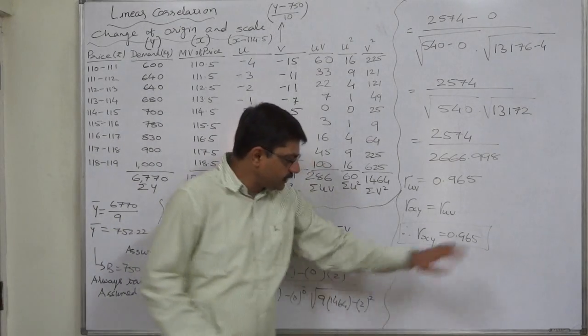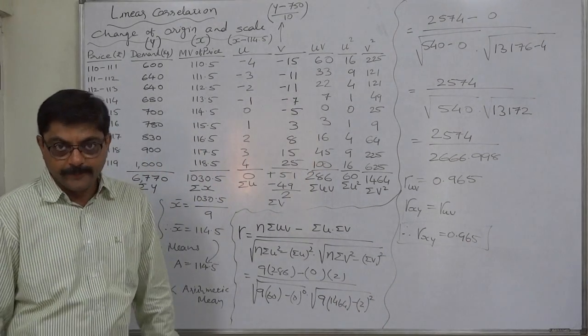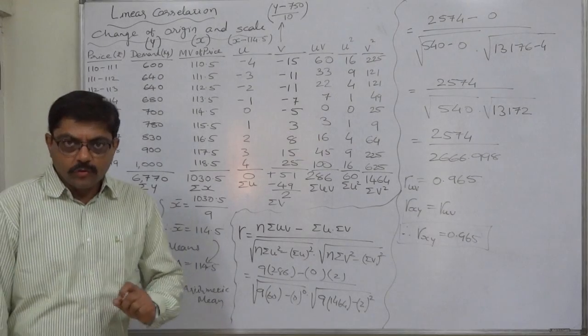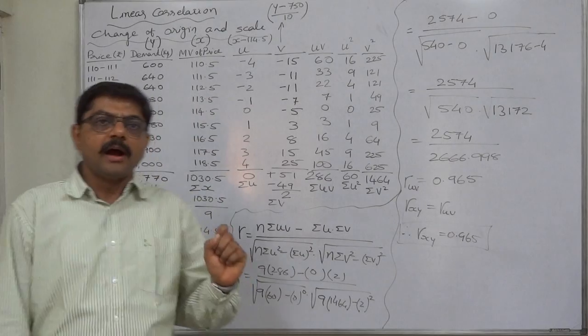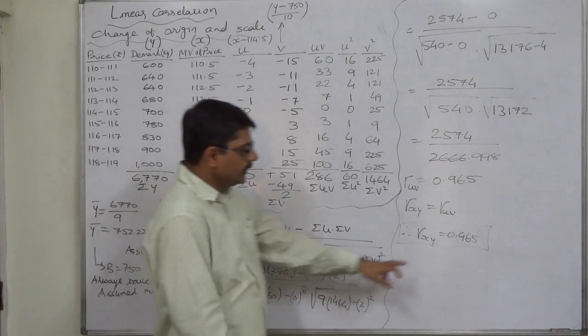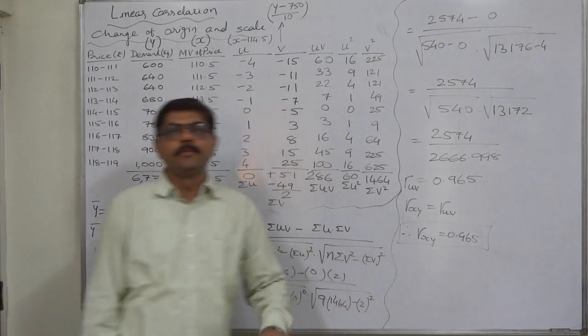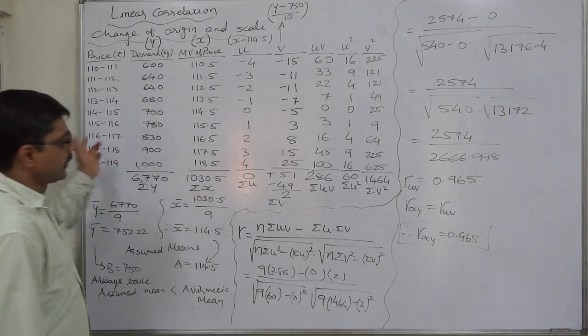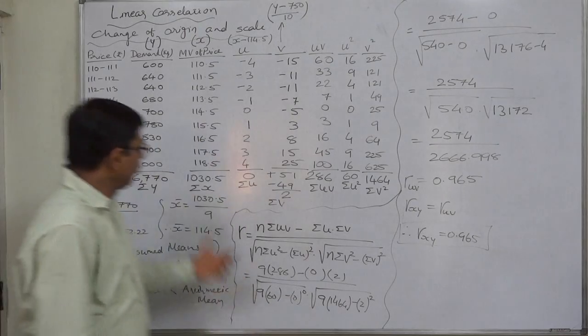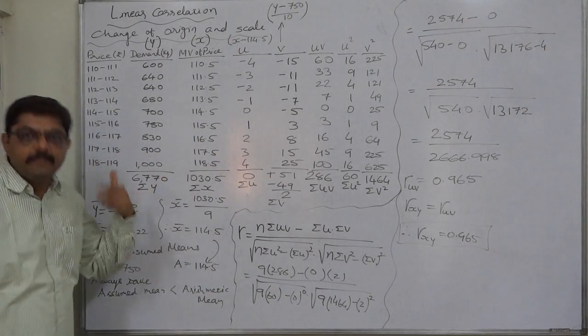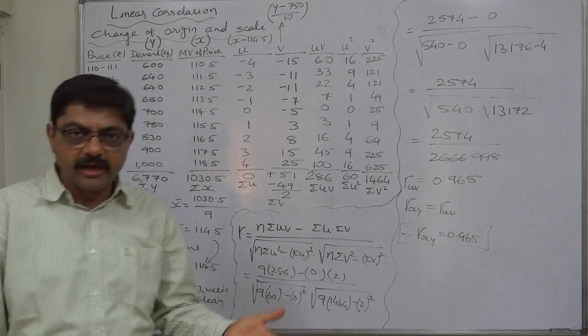But what is the interpretation of this 0.965? It is very near to 1, so I would like to use the term high degree or very high degree. It is positive, so high degree positive correlation between price and demand. Further interpretation: both the variables change in the same direction, positive correlation.